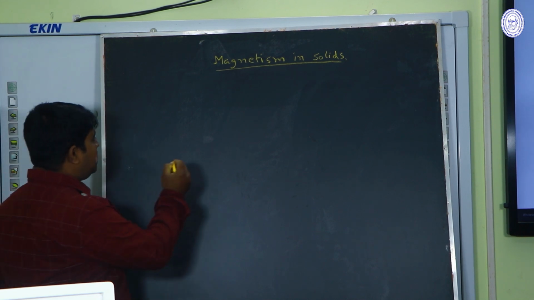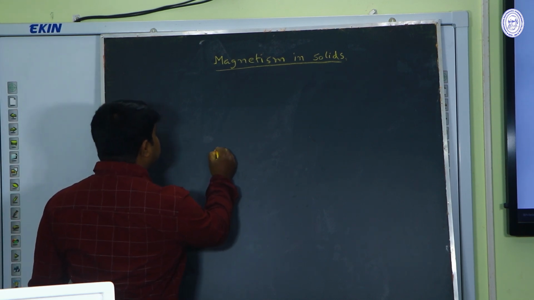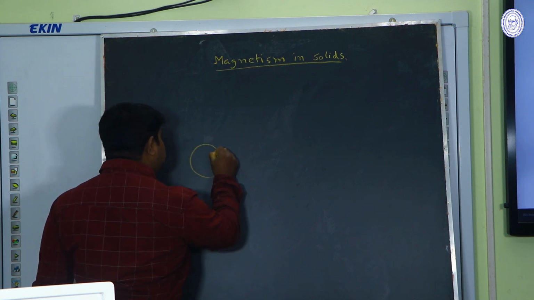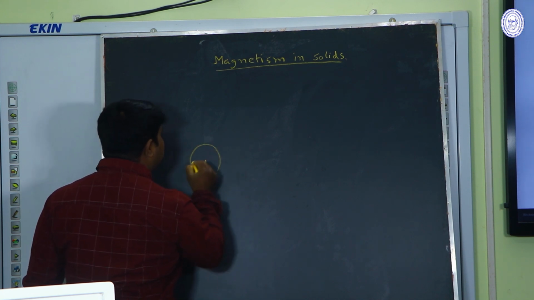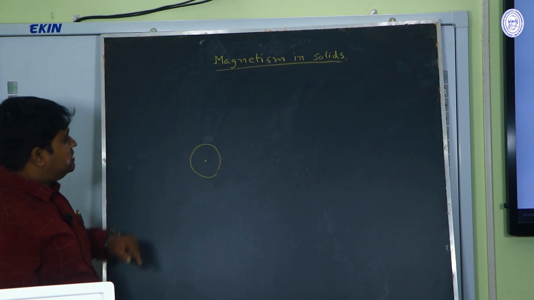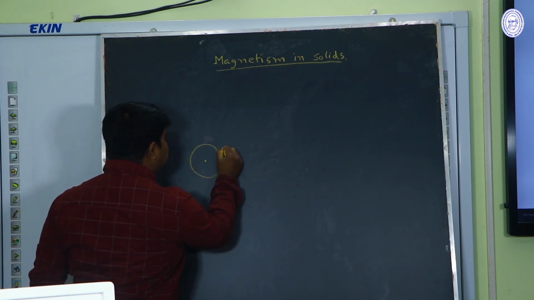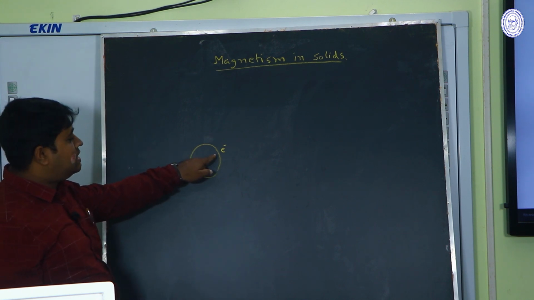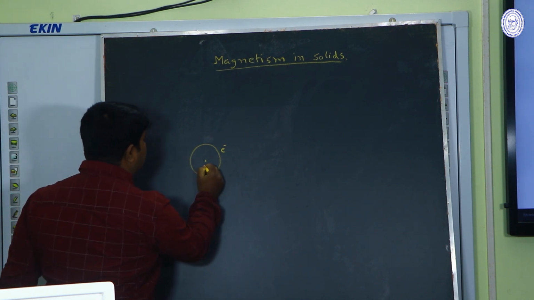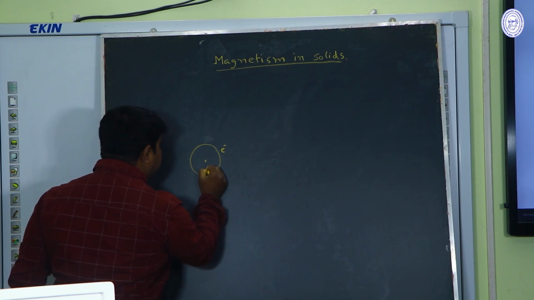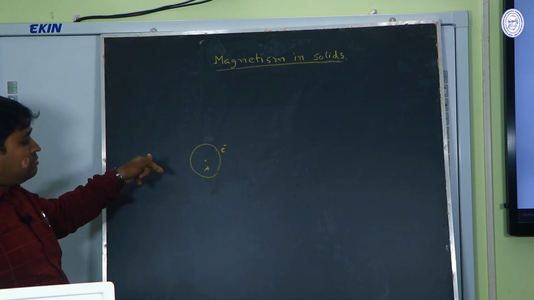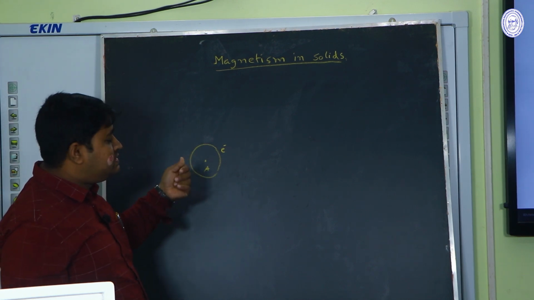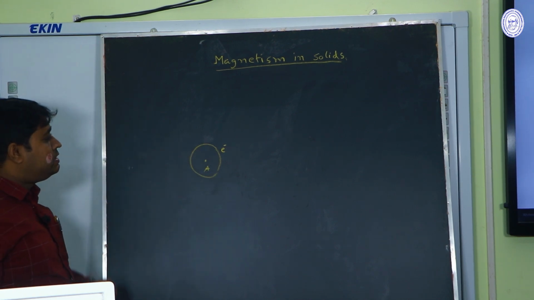Suppose an electron revolves in a tiny circular orbit about a nucleus of charge e, in a loop of cross-sectional area A. Due to the revolution, a current is generated in the loop.